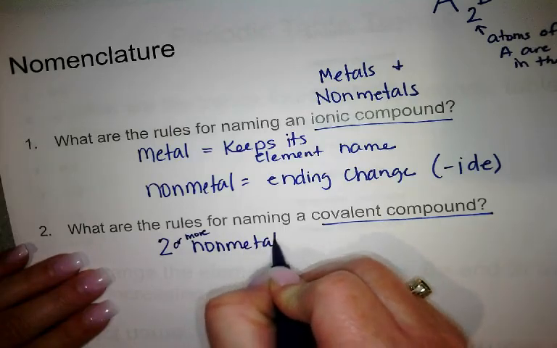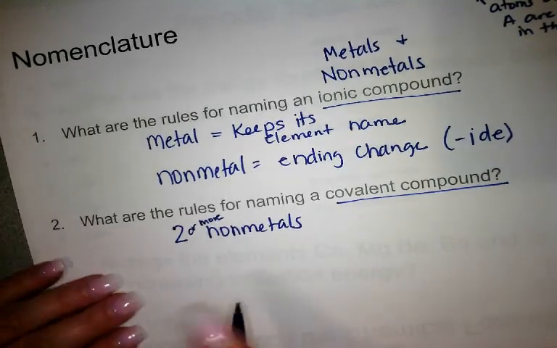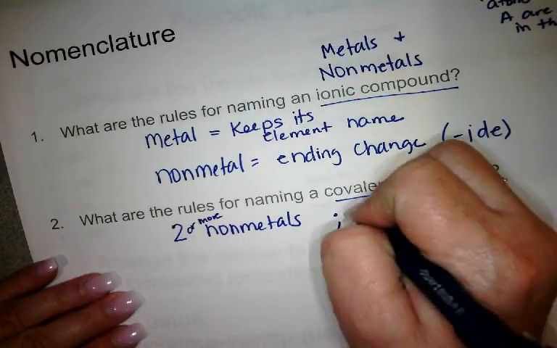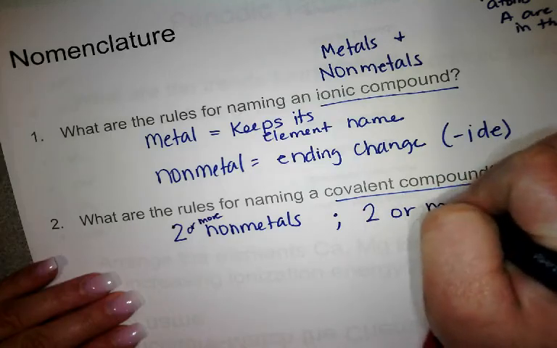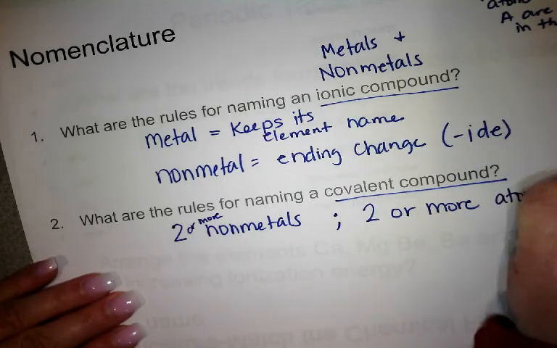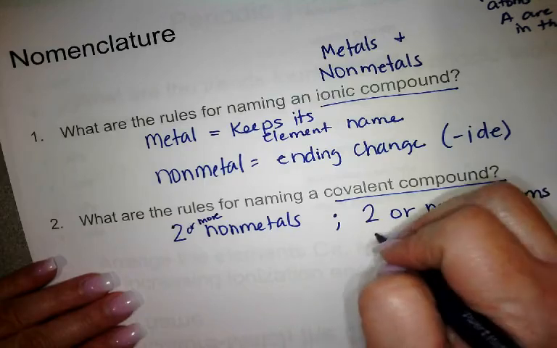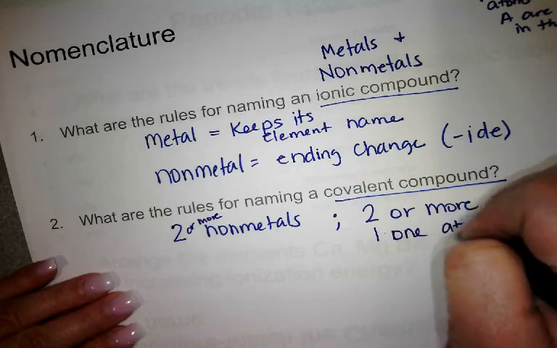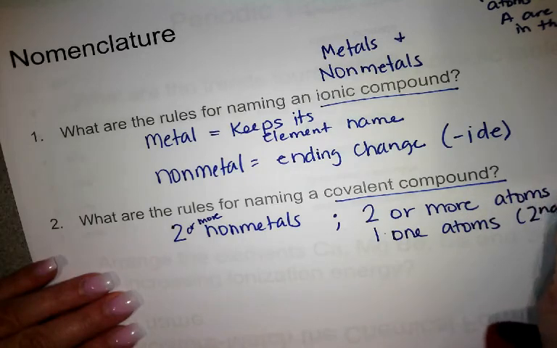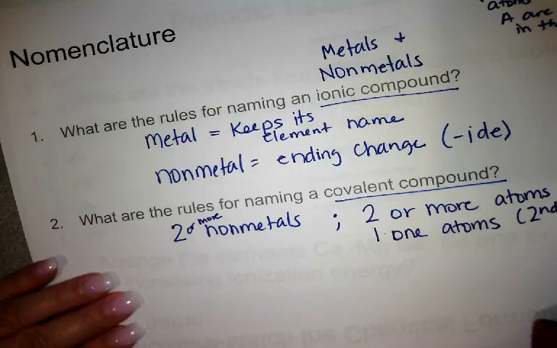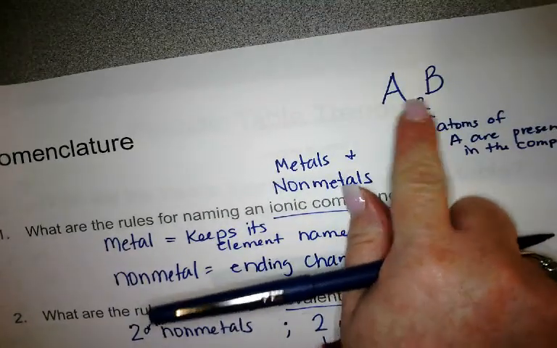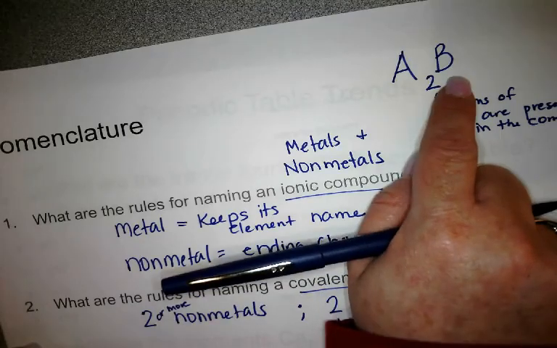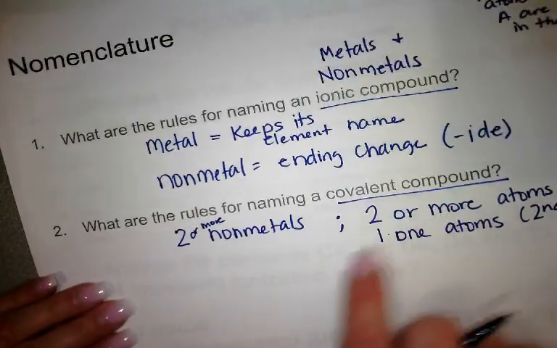And when we deal with the cases of covalent bonding, if you have two or more of the element or atoms, or even in cases where we have one atom, and I'm going to put in here second element and explain what I mean by that in just a second. But again, let's say we go back to these two elements here. Once we see that there's more than one atom, or even if there's one atom, when we do the naming piece, we have to use the prefixes.